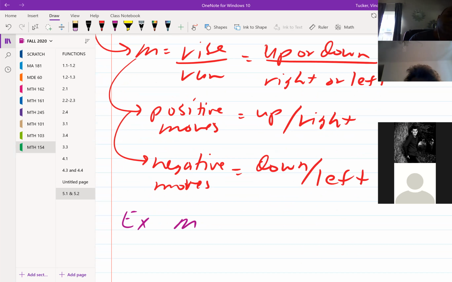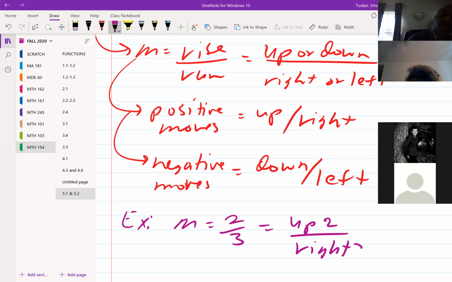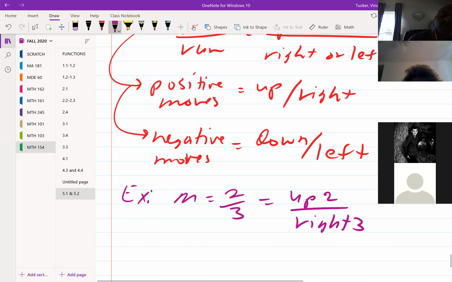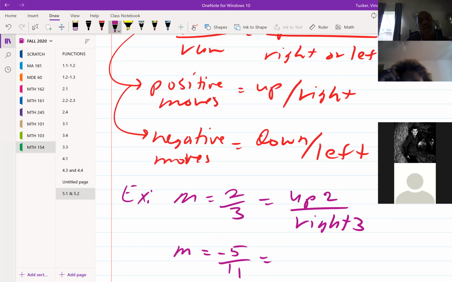So if my slope is 2/3, that's a +2 over a +3. So that means I'll go up 2, right 3. If my slope is -5/11, I always tell people to just give the negative to the top number, but it has to go to either or. You can't assign that negative to the top and bottom.